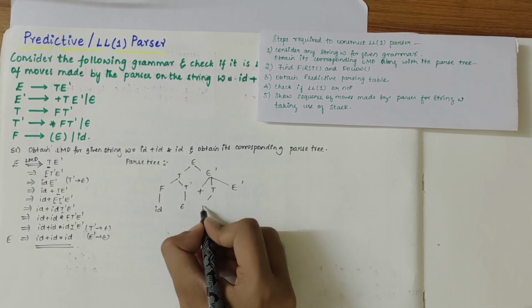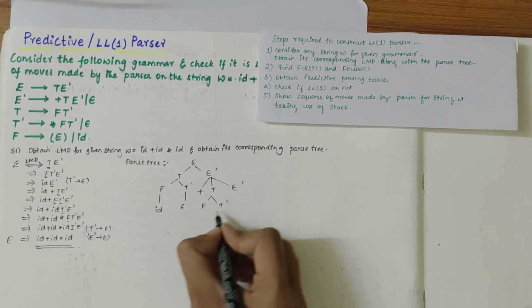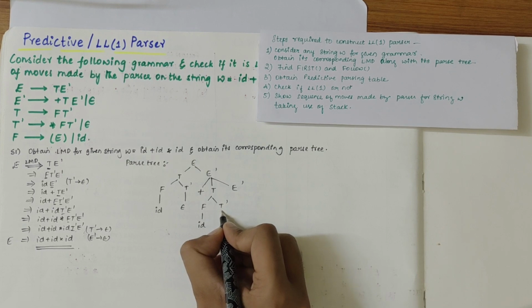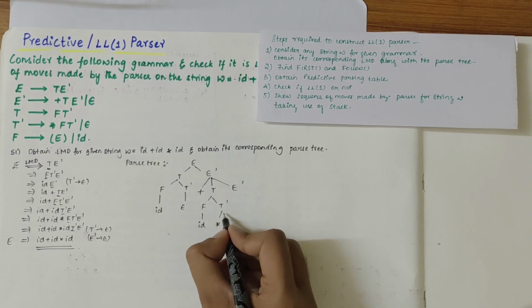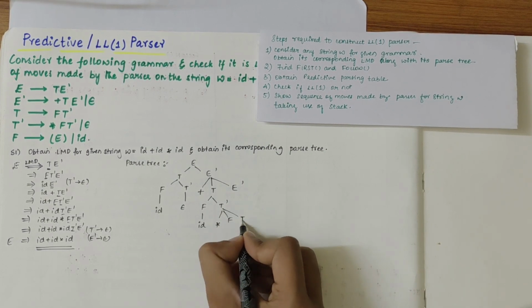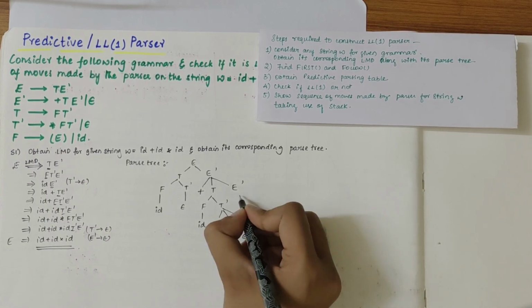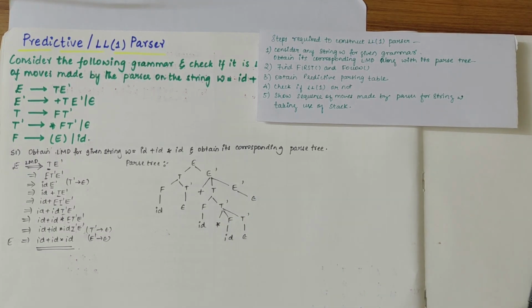So this T is again split as F and T dash. This F is written as ID, and this T dash changes to star F and T dash. This F again changes to ID, this T dash changes to epsilon, and this E dash changes to epsilon.